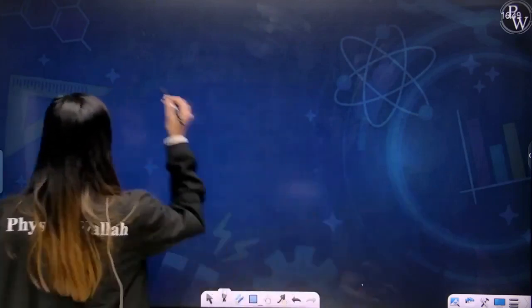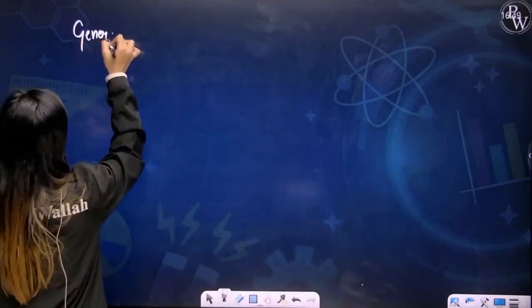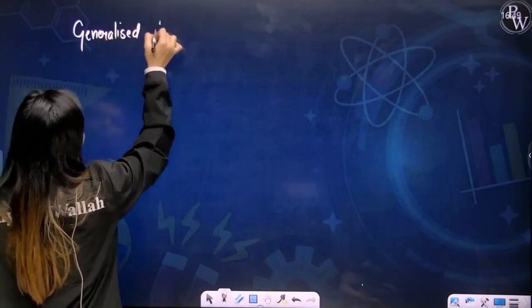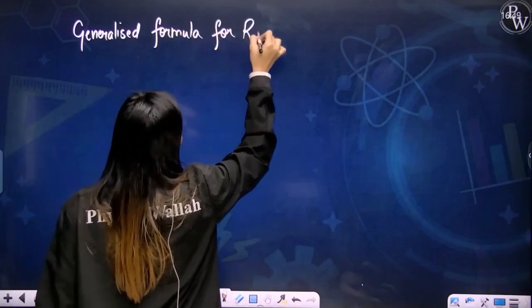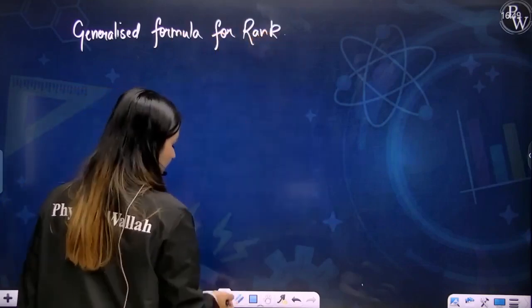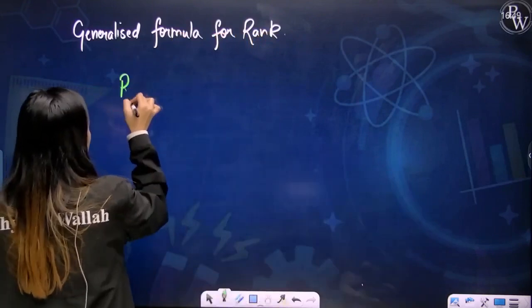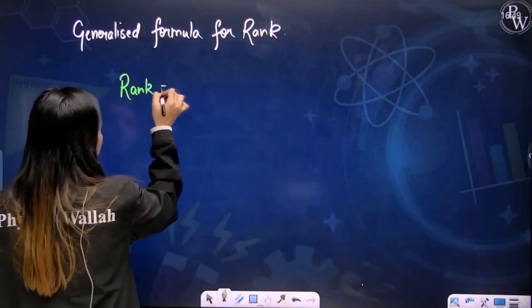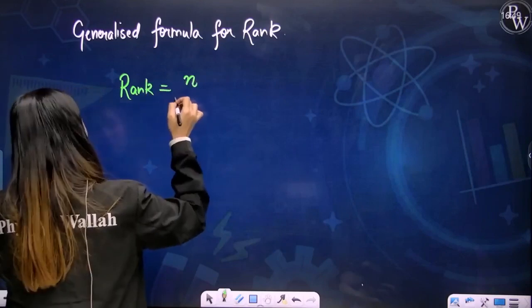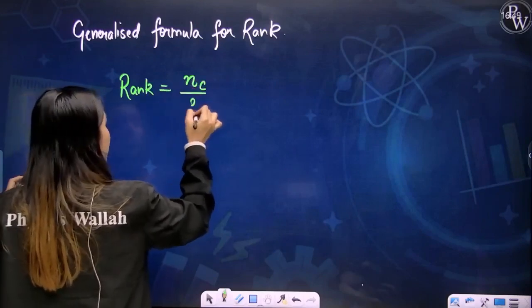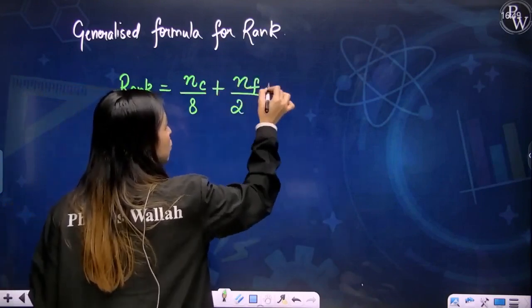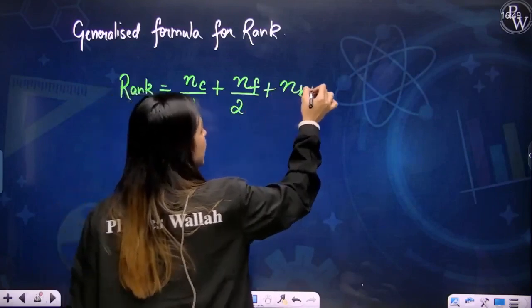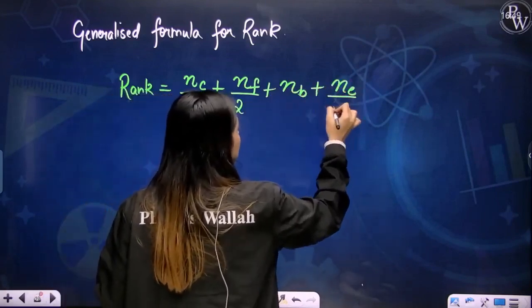So we can find a generalized formula for rank, which is given as: rank is equal to number of corner atoms by 8 plus number of face center atoms by 2 plus number of body center atoms plus number of edge center atoms by 4.